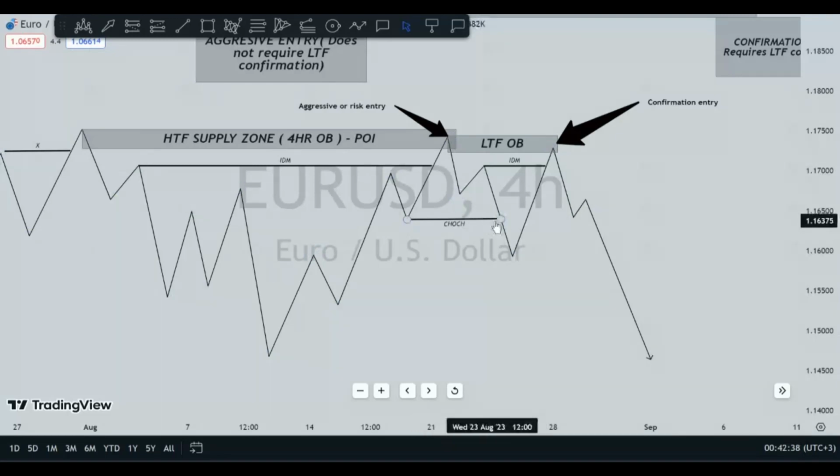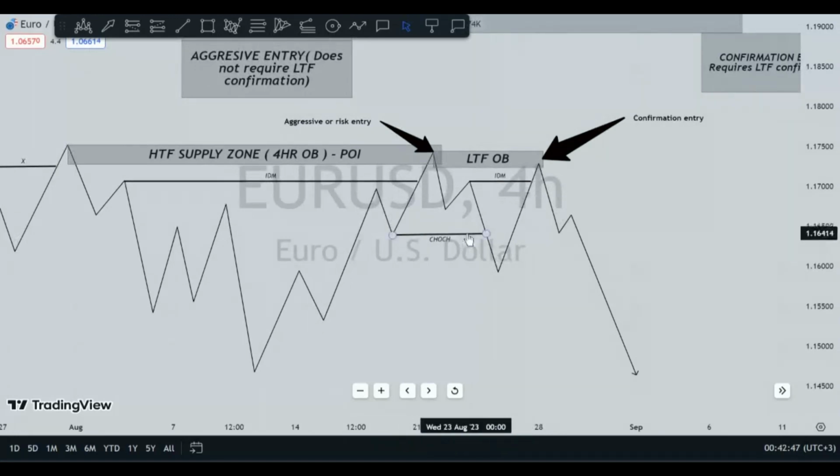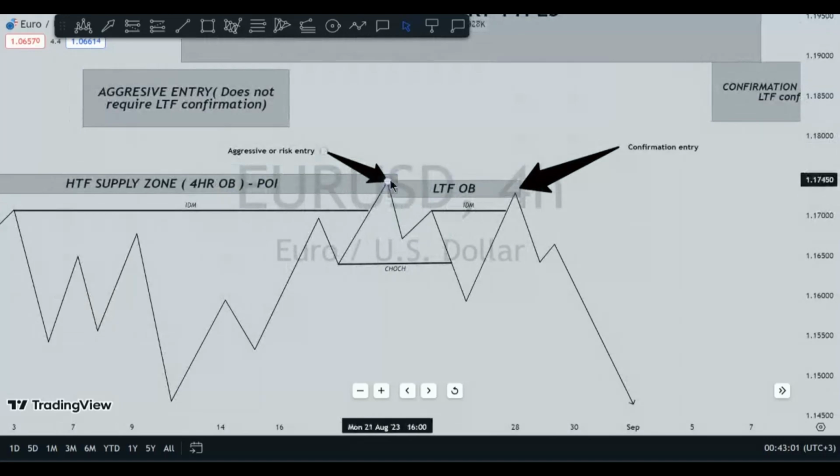Now, after the change of character, here you mark your order block on the lower time frame, a valid order block on this supply zone here, which will be my POI on the lower time frame. So you'll take an entry right here.